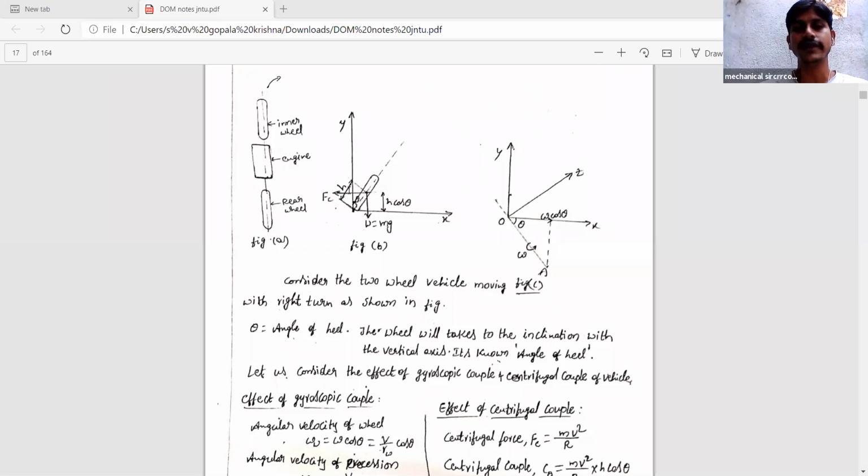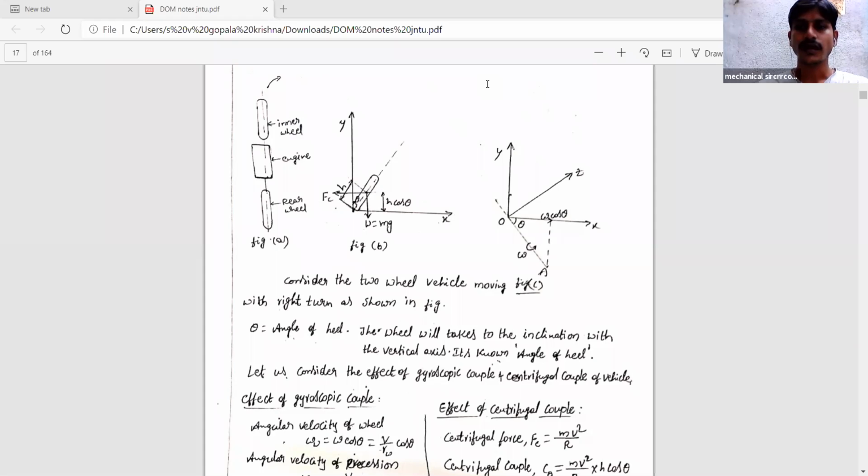Here, when we take the inclination theta, the vertical component of the center of gravity value is H cos theta. H is replaced with H cos theta.